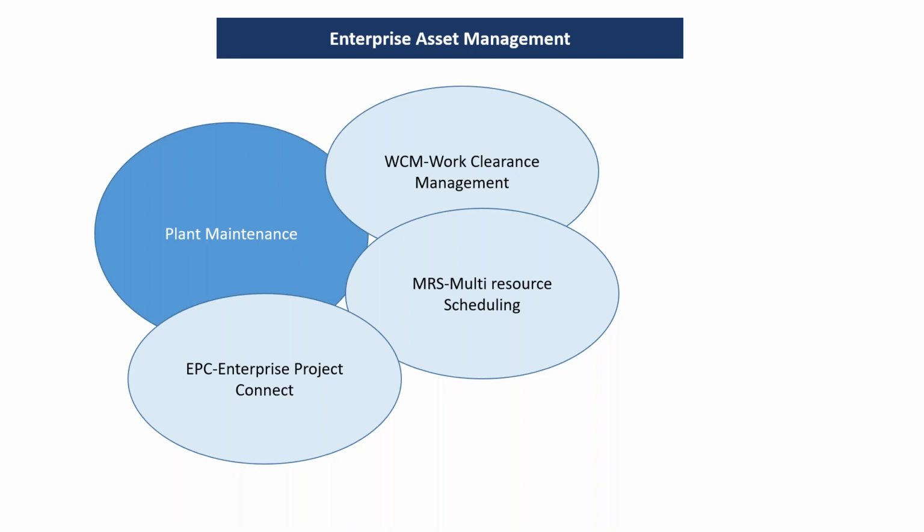So the maintenance team, to do the maintenance on that particular equipment, needs to take permission. For that purpose we are using WCM, work clearance management. Before starting maintenance, the operation department has to ensure that the equipment is available for maintenance. That has to be confirmed and the same process has to be managed in the system.